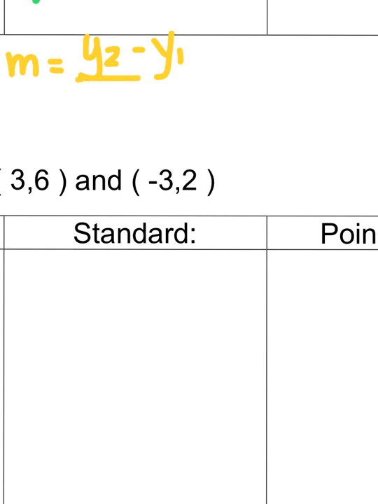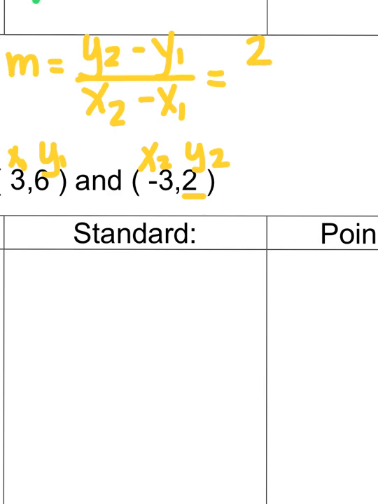So the slope formula equals y2 minus y1, that's the change in y, over x2 minus x1. Some students find it very helpful to label their points, so I will do that now. Now we substitute it and solve.